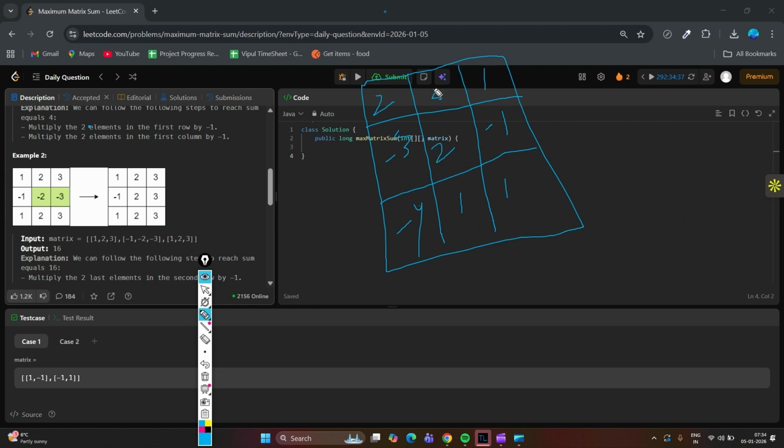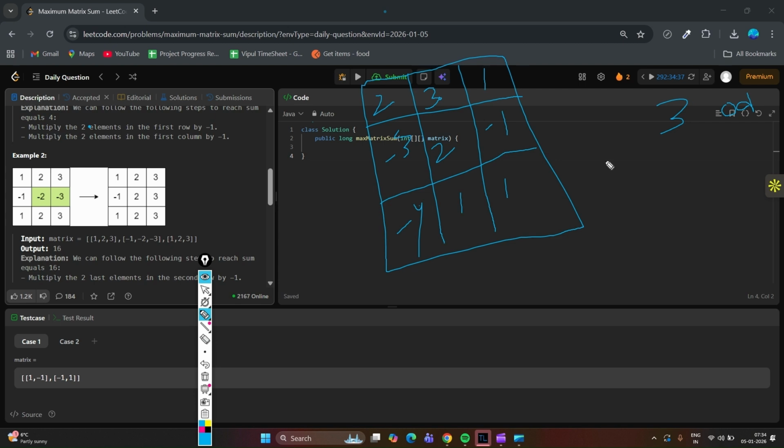You can do anything. Now you can tell me what our approach will be, because here the count of negative numbers, how many? Minus 1, minus 3, and minus 4, it means 3. It means it is an odd number, so we can't return the absolute sum of all.